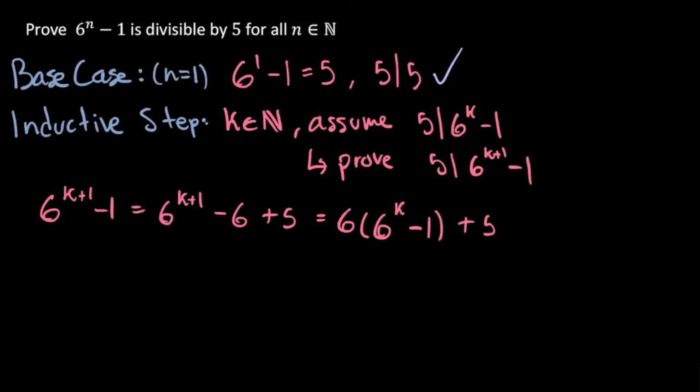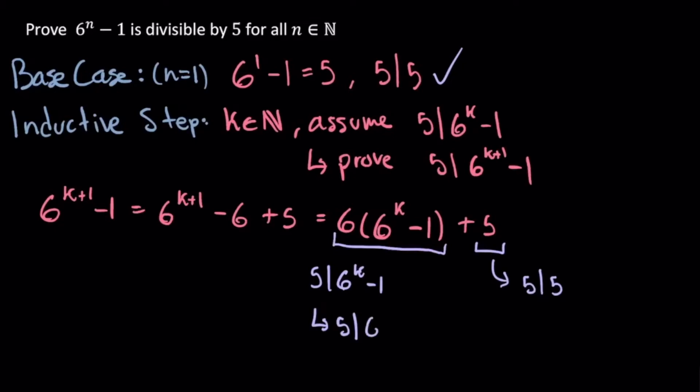Now if we look at what we have here, we could split this up into two components, this one and this one. And so if we look at just 5 here, we know that 5 is divisible by 5, obviously. And we already know that 6^k minus 1 is divisible by 5 by the inductive hypothesis, and so therefore 5 is also divisible by 6 times 6^k minus 1.